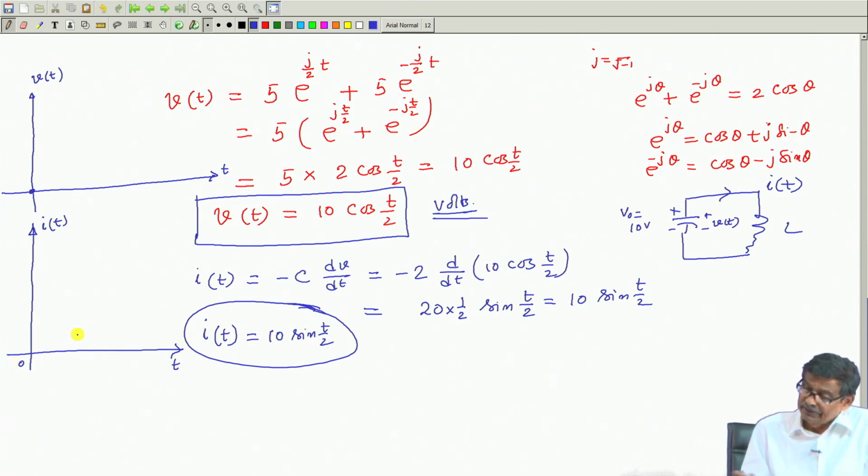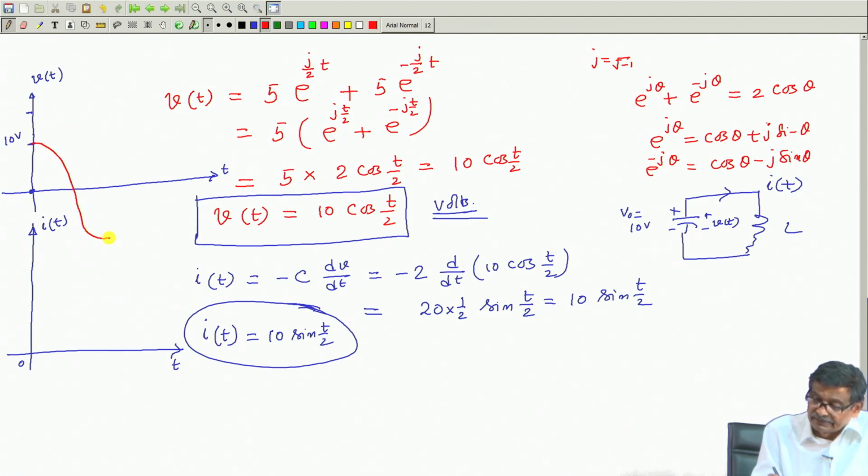The capacitor voltage was 10 volt earlier, suppose this is 10 volt. Then it changes with respect to time as a cosine function. So, the nature of the solution of capacitor voltage will be something like this.